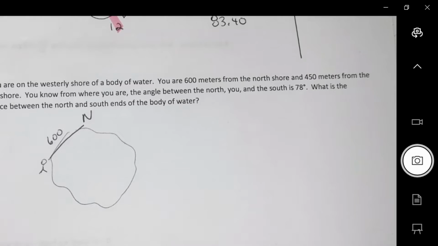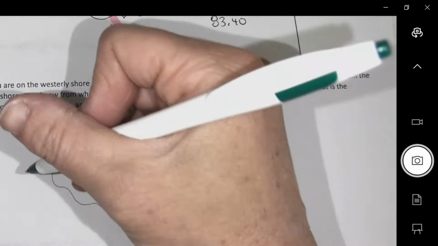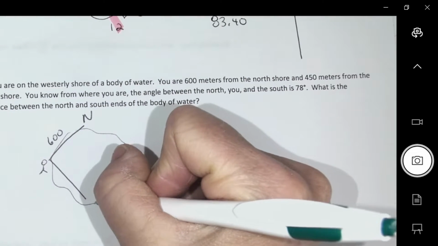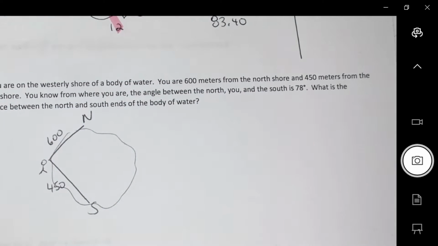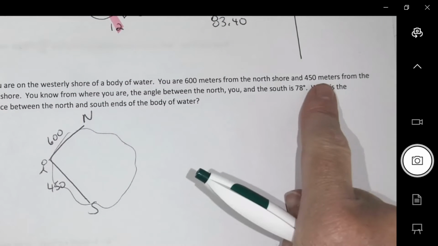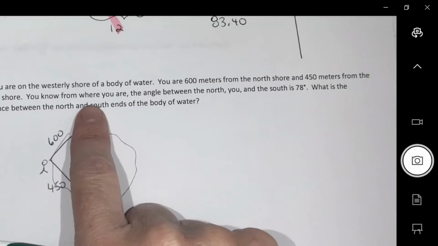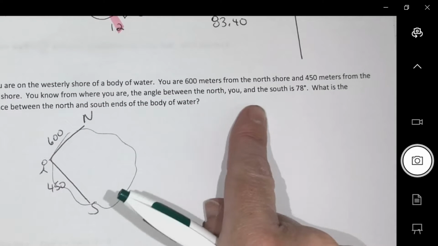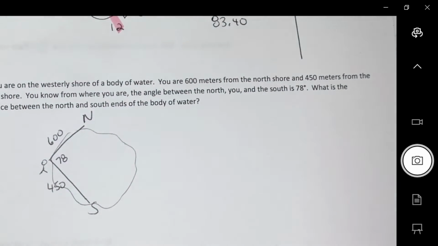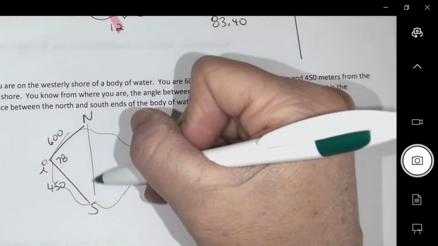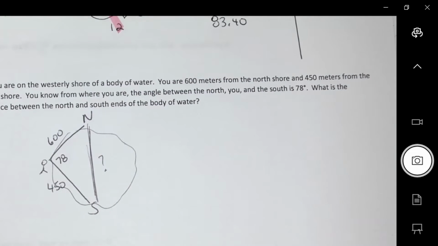You are 450 meters from the south. You know that from where you are, the angle between the north and the south is 78 degrees. What is the distance between the north and the south?